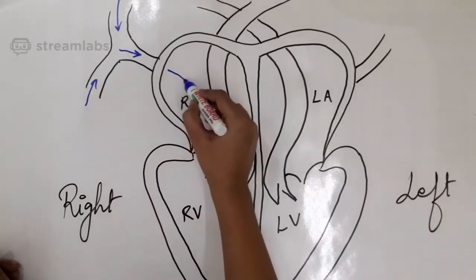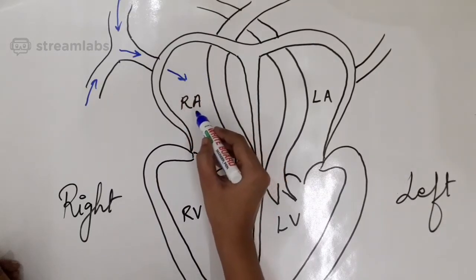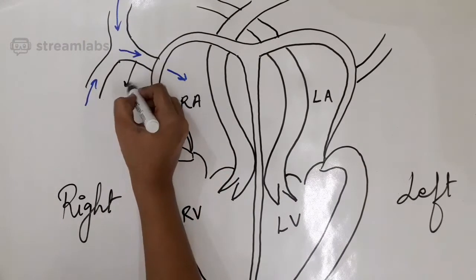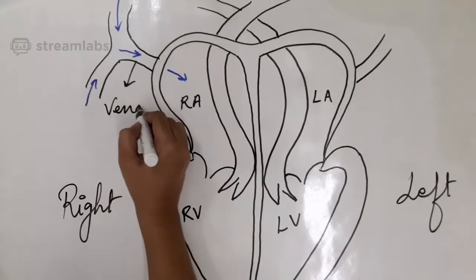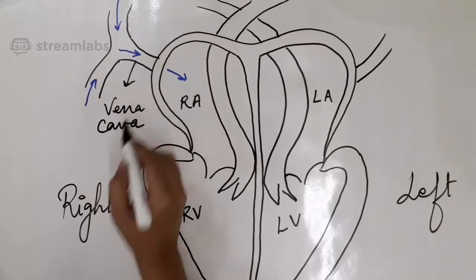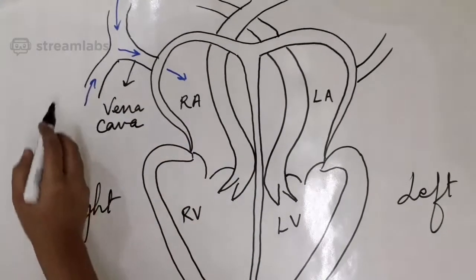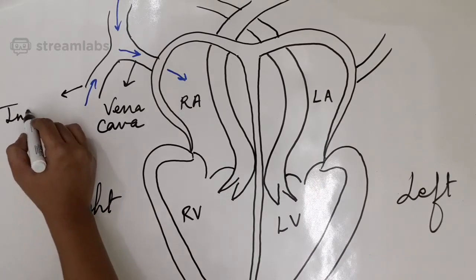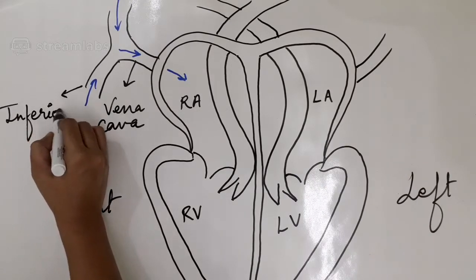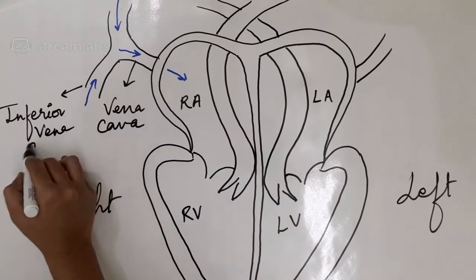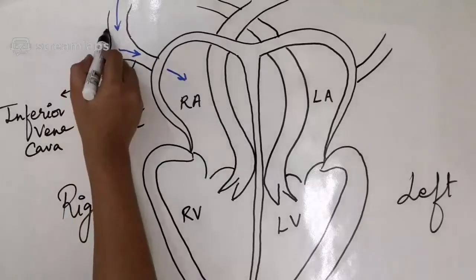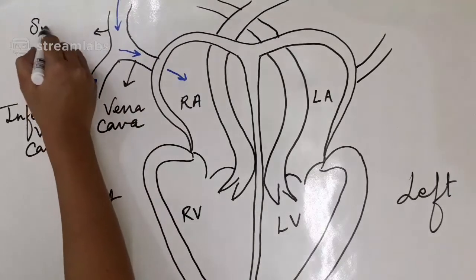The impure blood enters the right auricle through the vena cava. The lower vena cava is known as the inferior vena cava, and the upper one is known as the superior vena cava.